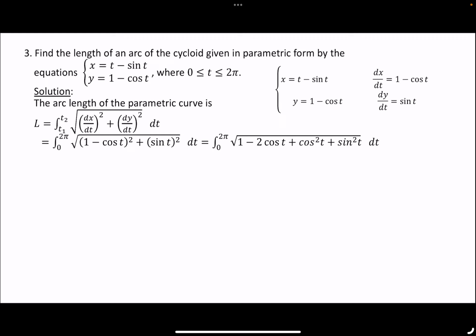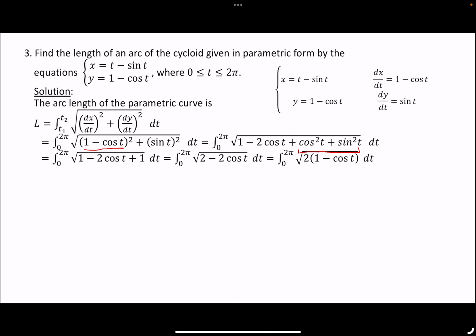So expanding the binomial, we will be having 1 minus 2 cosine t plus cosine squared t plus sine squared t. Now take note that cosine squared t plus sine squared t is equal to 1. So we will be having 1 plus 1 equal to 2. So we have 2 minus 2 cosine t, factoring out 2. So we have the square root of 2 times 1 minus cosine t dt from 0 to 2 pi.